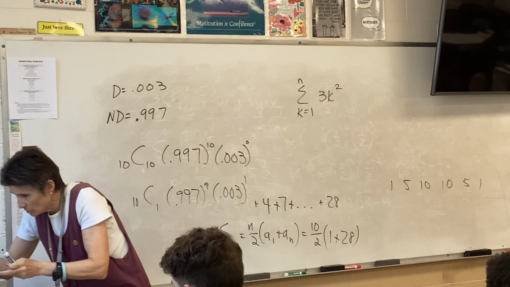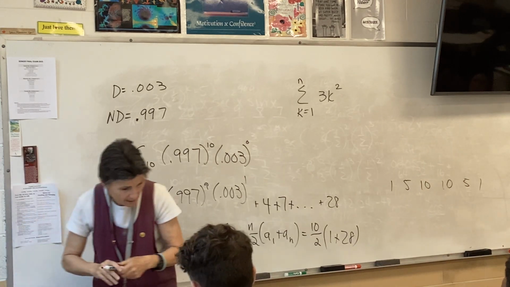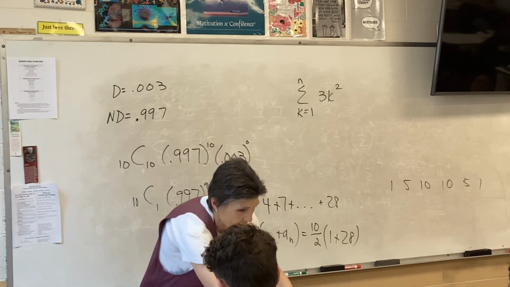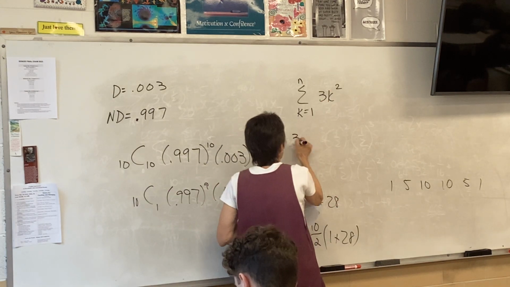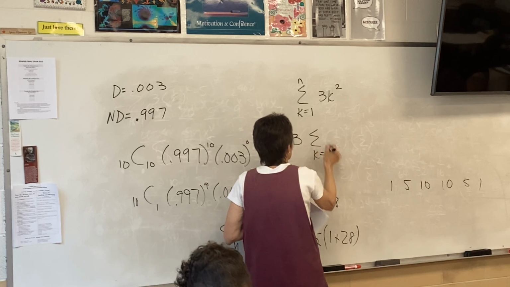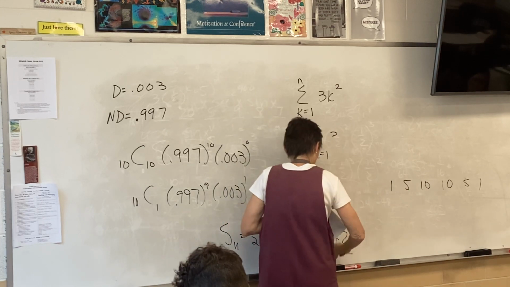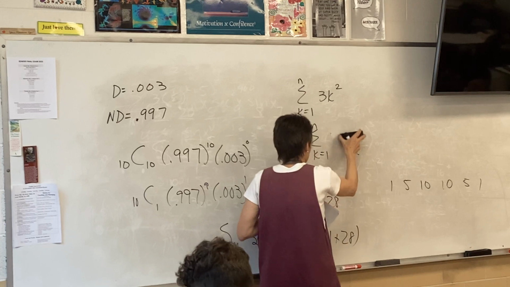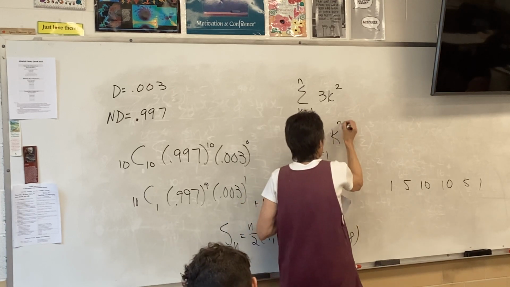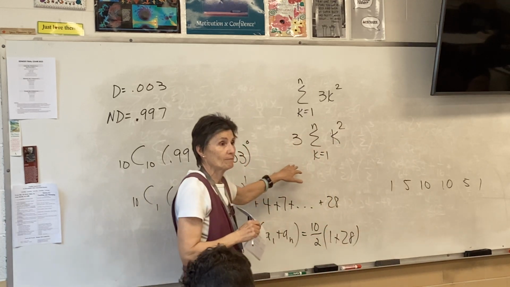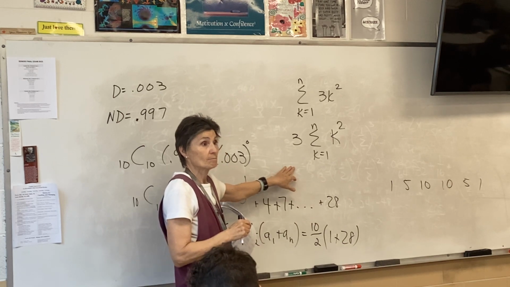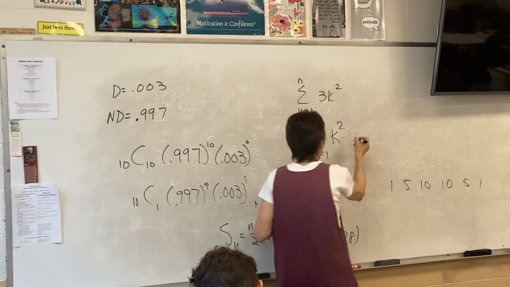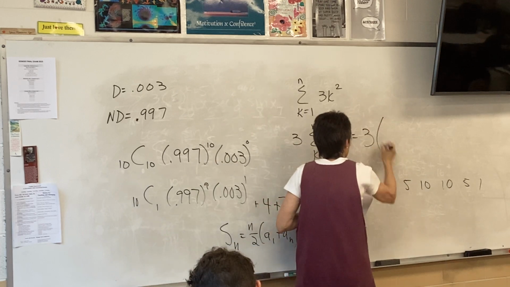I don't have those memorized. Who's got my summation formulas handy? Steal them here from Chris. Okay, so I'm going to pull that coefficient off, because I always keep the coefficient out in front. And now I'm going to use my summation formula for k squared.